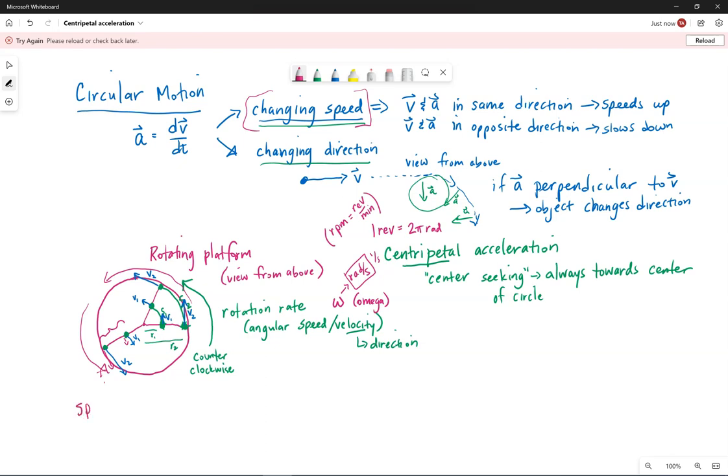So if it's speeding up or slowing down, the velocity has to be parallel to the acceleration.